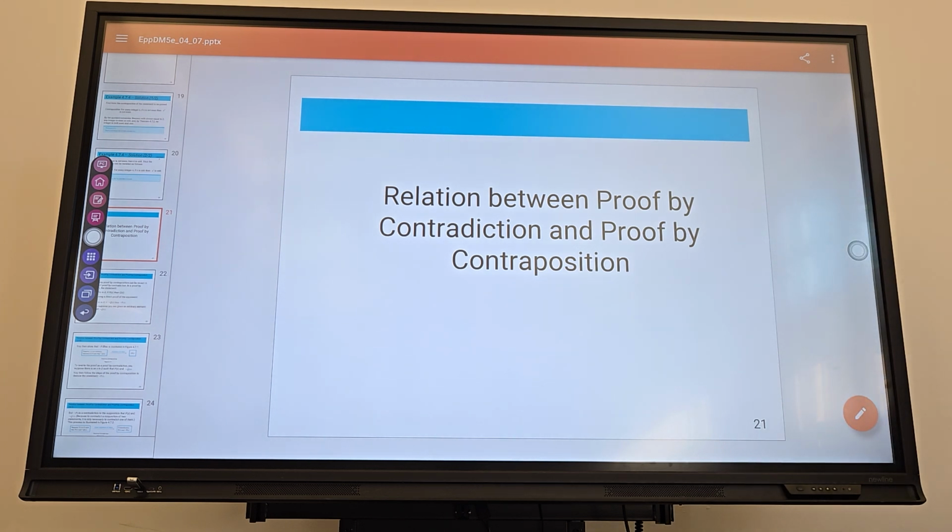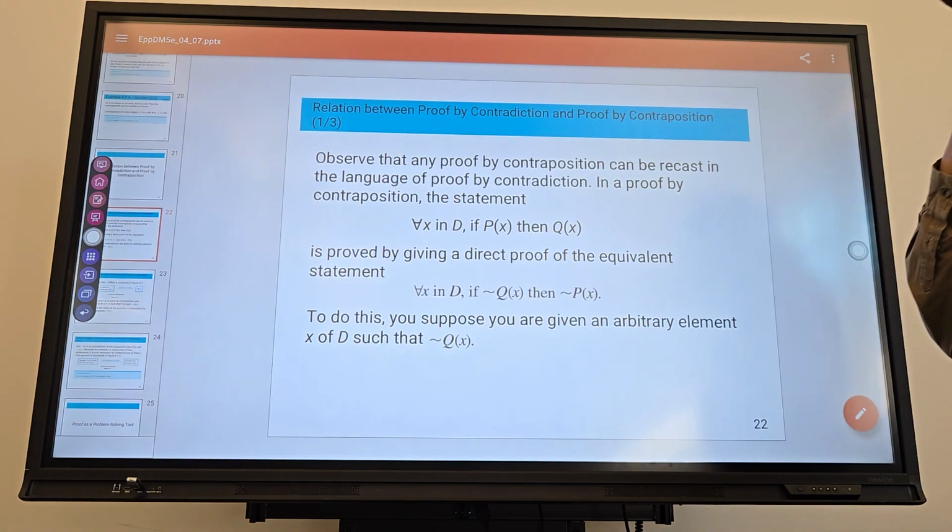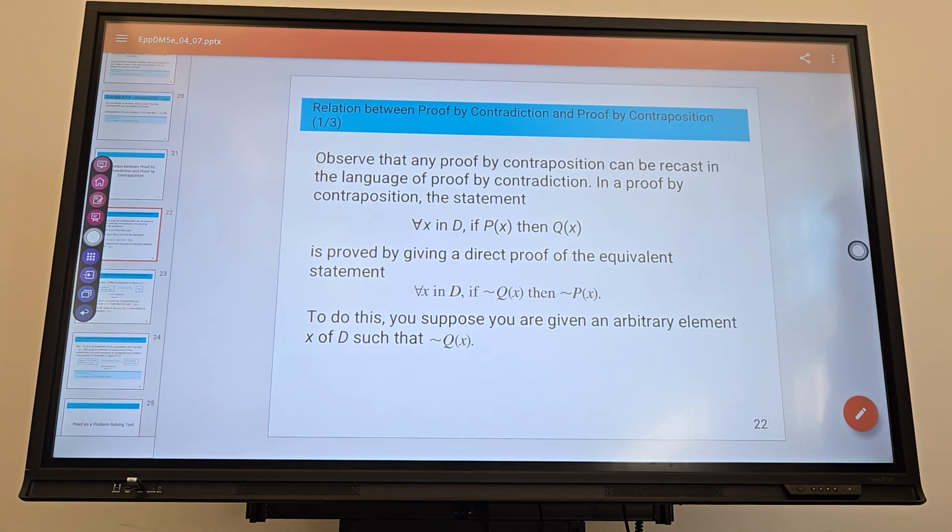Relation between proof by contradiction and proof by contraposition. Any proof by contraposition can be recast in the language of proof by contradiction.